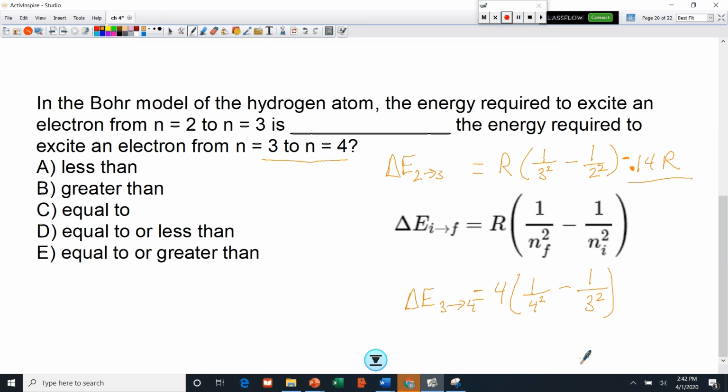When we solve this one, we end up with negative 0.05R.